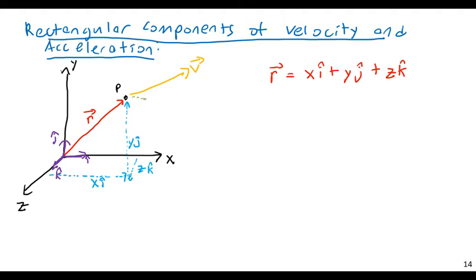So this would have components. Well, this would be Vx, and then VZ in this direction, and Vy.